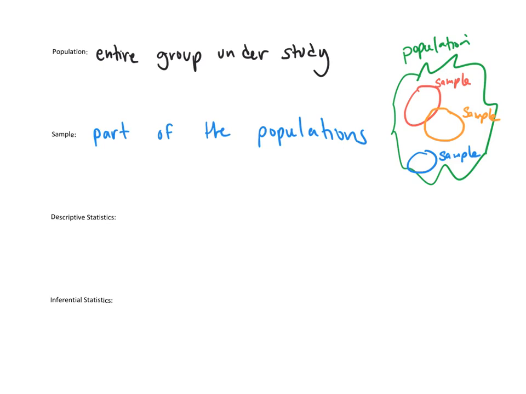So that brings us to our two branches of statistics, descriptive statistics and inferential statistics. Descriptive statistics are things you've probably done before. They are just going to describe a sample set of data.